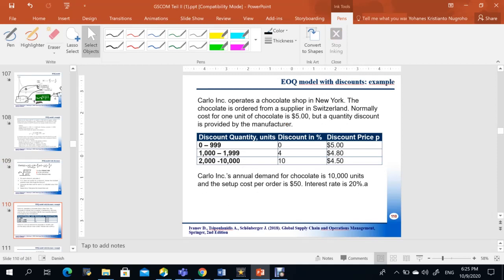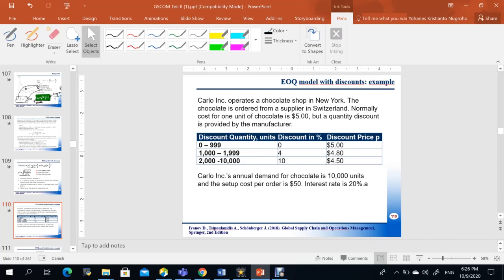Carlo Incorporation operates a chocolate shop in New York. The chocolate is ordered from a supplier in Switzerland. Normally, the cost for 1 unit of chocolate is $5, but a quantity discount is provided by the manufacturer. For orders up to 999, no discount, and therefore the price is full at $5.